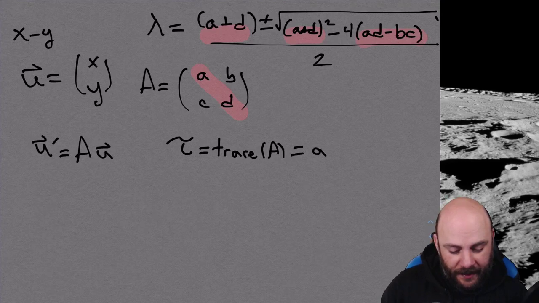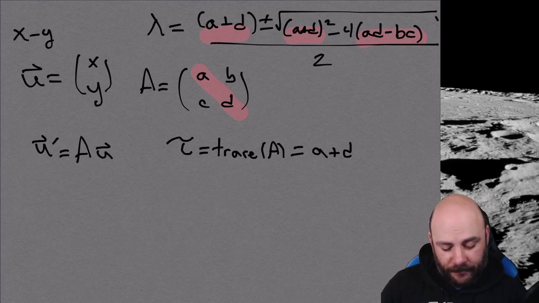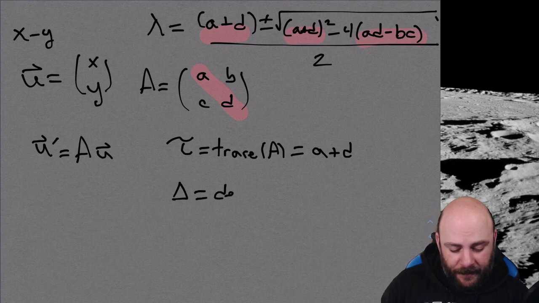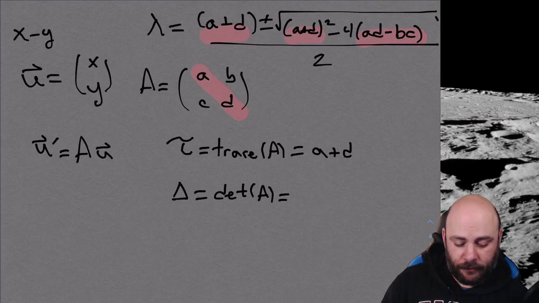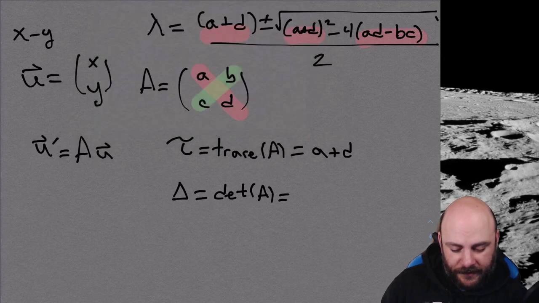So this is A plus D. That's just a certain metric of matrices that is standardized. And we're going to let capital delta be the determinant of A. What the determinant of A is, at least in the 2 by 2 case, you multiply the 2 fellas on the diagonal and then subtract the product of the two fellas that are not on the diagonal, and you get AD minus BC.